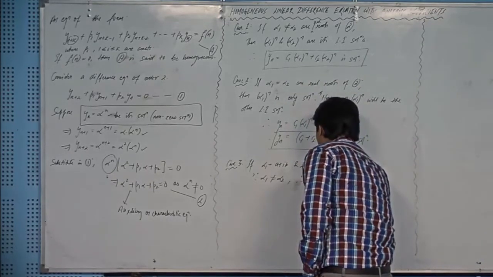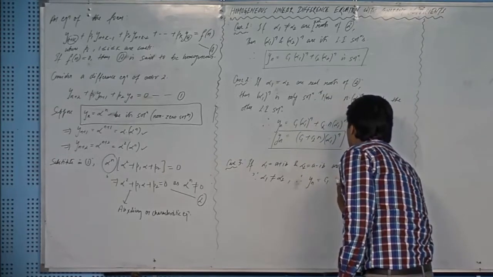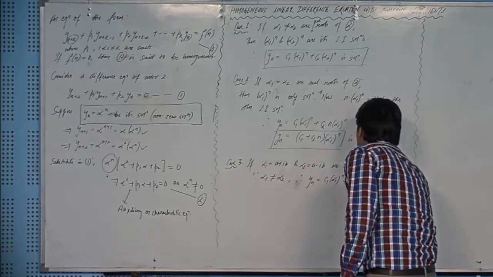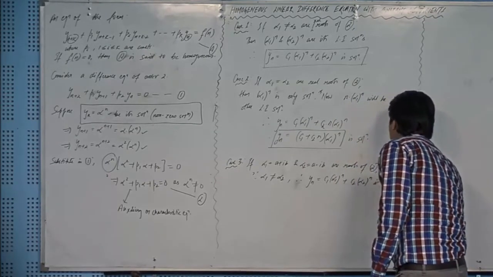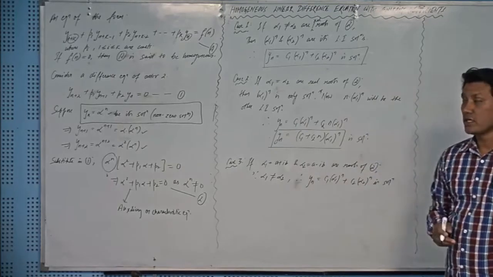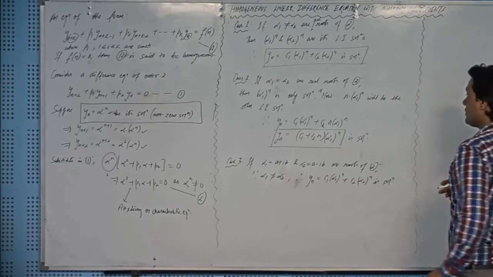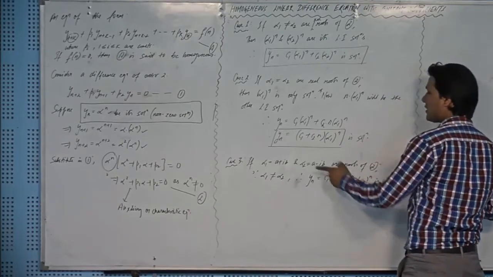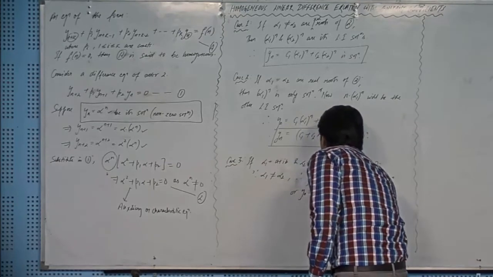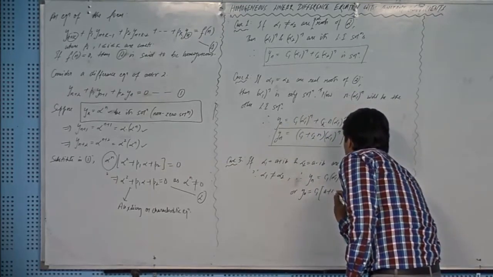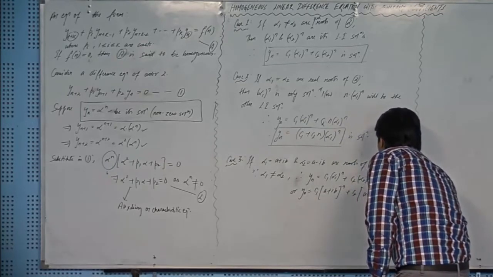Therefore y n equal to C1 times alpha 1 to the power n plus C2 times alpha 2 to the power n is the solution. Since the roots are not equal this time, it will be same as case number 1. But on putting the values of alphas here, I will get C1 times (a plus iota b) to the power n plus C2 times (a minus iota b) to the power n.